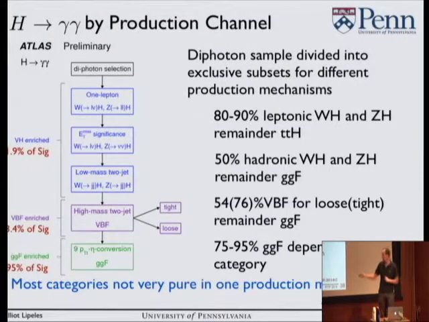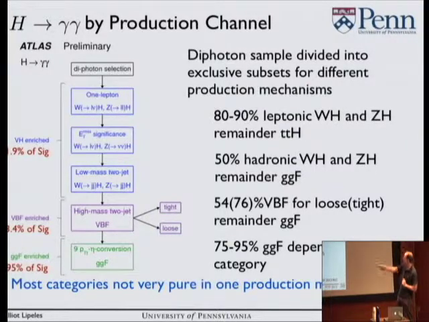And so I have two different selections for VBF, a type 1, which has a loose one that has a 54% fraction in that sample of VBF. So that's 54% of the Higgs in the loose sample is VBF, and 76% of the Higgs in the tight sample is VBF. And the remainder is basically GGF.